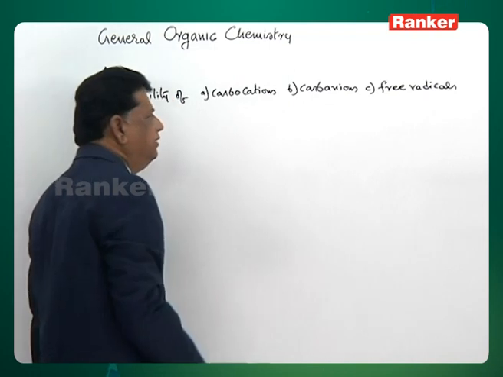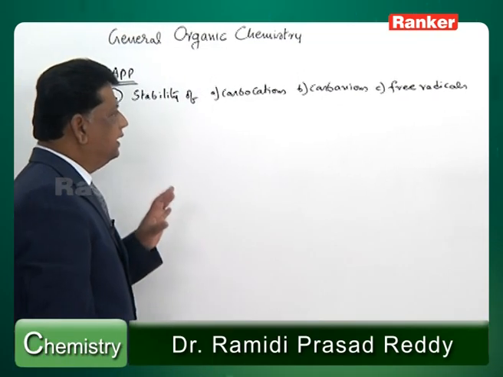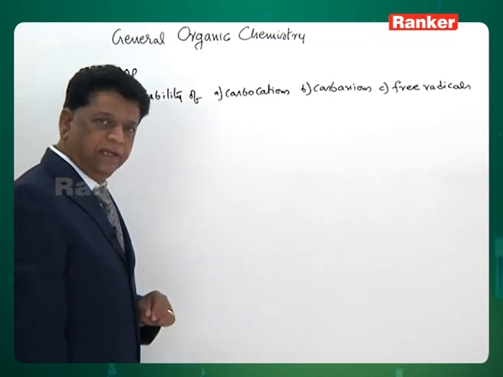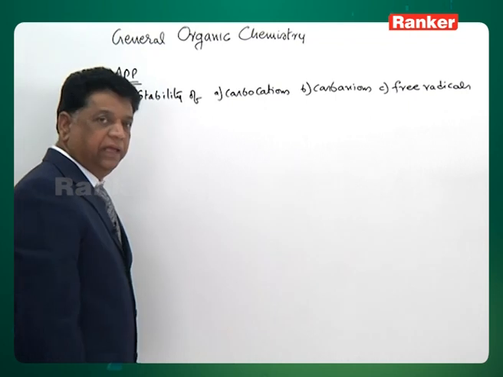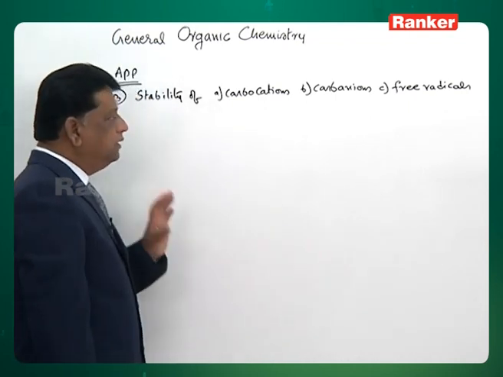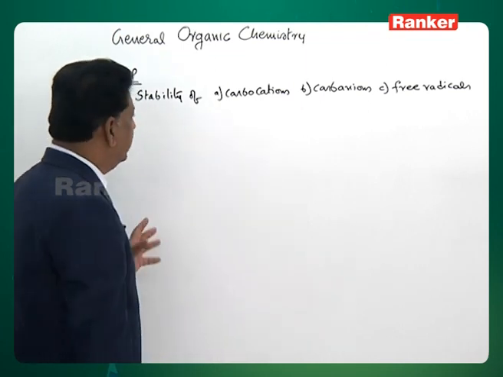Apart from these three, we have a number of other intermediate species, but generally the carbocation, carbanion and free radicals are the ones we mostly find as intermediate species. So, let us understand how these intermediates are influenced by the inductive effect, the application.